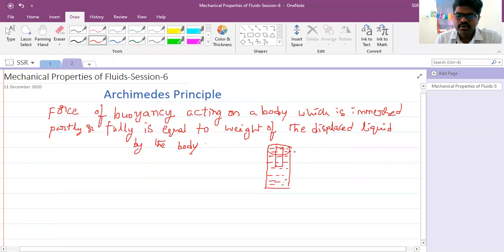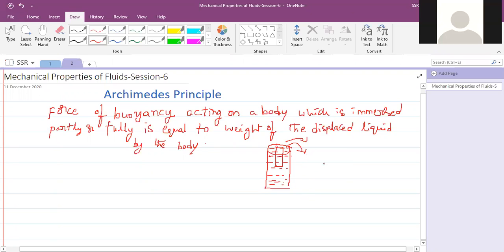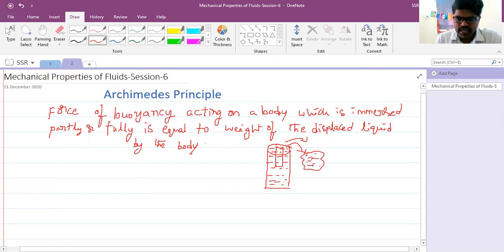Immediately a certain amount of liquid will spill out. Yes or no? Yes, sir. Then the buoyancy force acting on this body, FB, is equal to the weight of the displaced liquid by this body. This weight of the displaced liquid is equal to simply FB. This is stated by Archimedes principle.